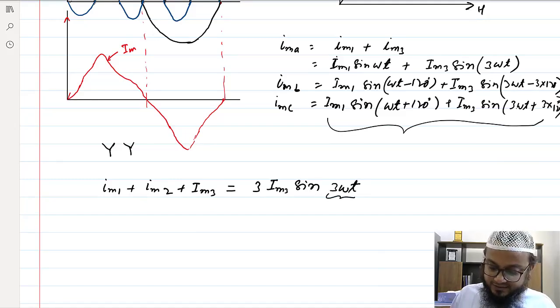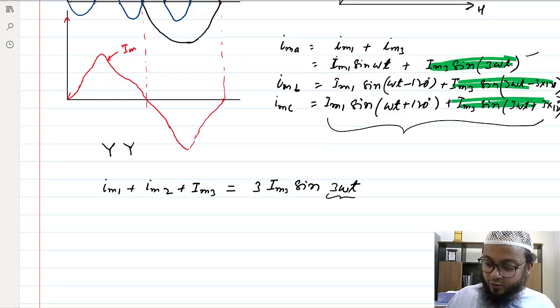Because 3 into 120 degrees is 360 degrees, so these three third harmonic quantities are cophasor. That's why the sum of it won't be 0, right?